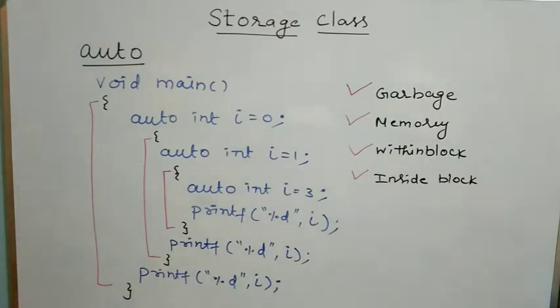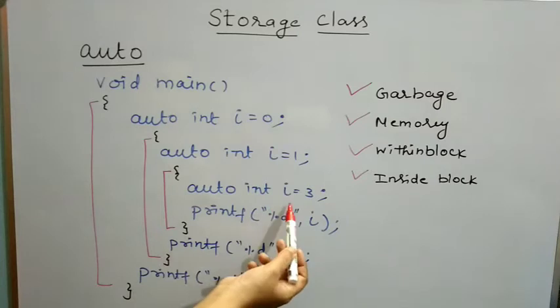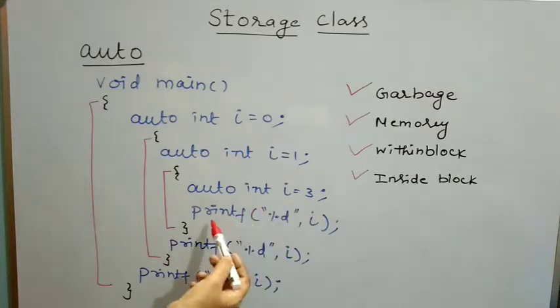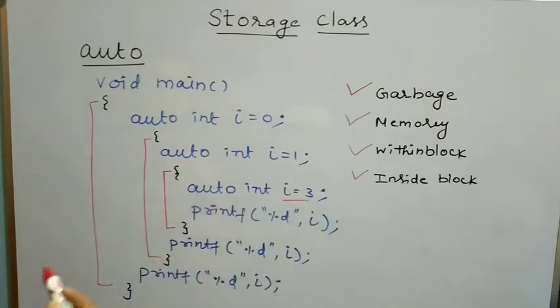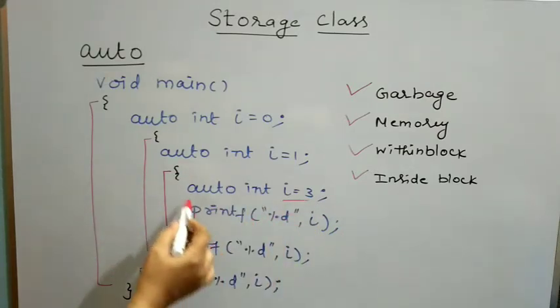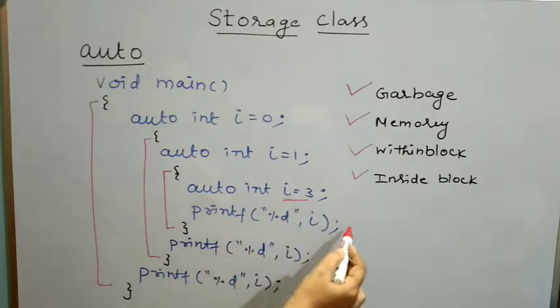If I execute this program, what will be the output? When I enter this block, I is initialized with the value 3. When I print the value, this definition and declaration takes precedence, so the output will be 3.